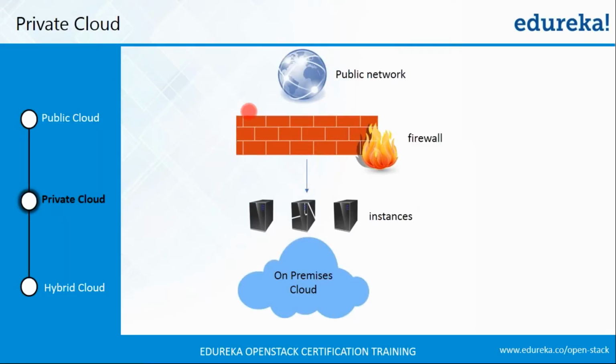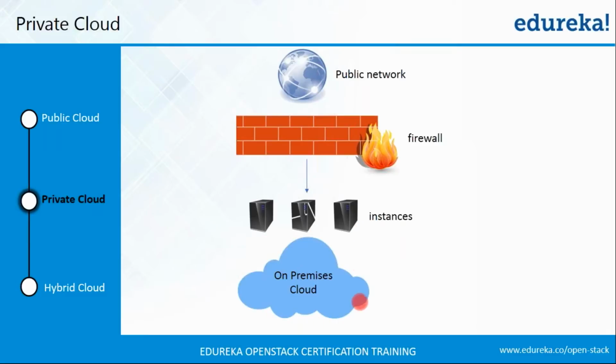Now let us take a look at a private cloud. Now what happens in a private cloud is that it is an on-premises cloud. If you're running a big enterprise and you don't want to rely on different cloud vendors, what you can do is set up your own cloud. And that's why OpenStack is widely used for that purpose, for setting up cloud infrastructure in enterprises.